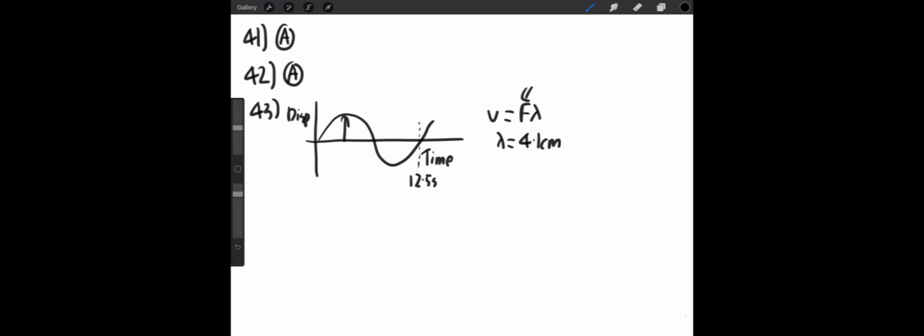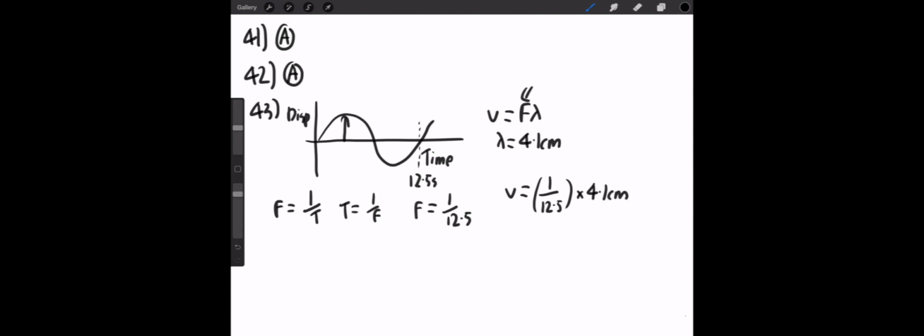Now, time period and frequency can be linked by this equation. Frequency is 1 over time, and time is 1 over frequency. So that means that the frequency here must be 1 over 12.5. Then plugging that into the wave equation, 1 divided by 12.5, which is our frequency, I'll leave it as it is, multiplied by, it's a bit naughty, I'm going to keep this in centimetres for now, 4.1 centimetres, but I know that my answer will come out in centimetres per second if I do that.